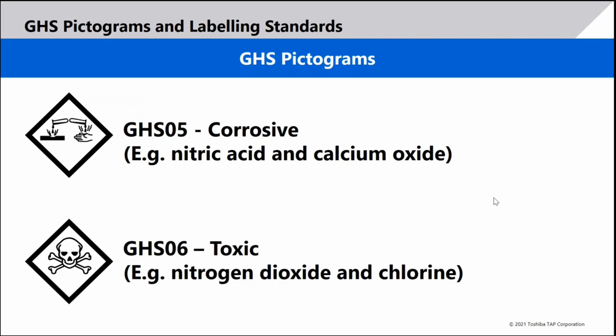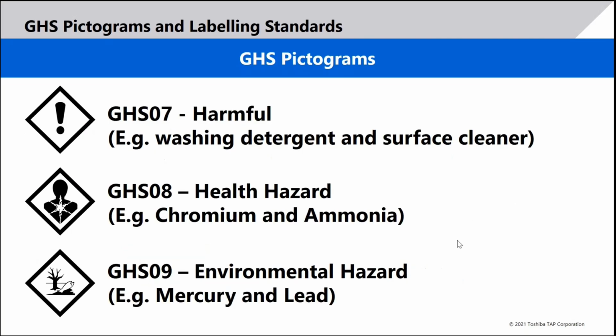Now we have health hazards. We have GHS-06, which is toxic: acute toxicity, oral, dermal, inhalation. For example, nitrogen dioxide and chlorine. And then we have GHS-07, which is harmful: acute toxicity, oral, dermal, inhalation as we spoke about before, skin irritation, skin sensitization, organ toxicity, respiratory tract irritation, narcotic effects.